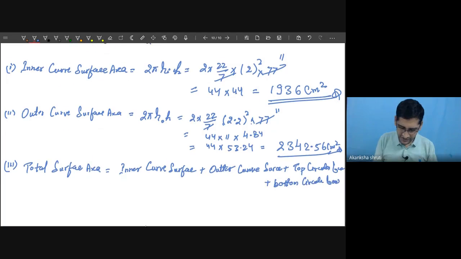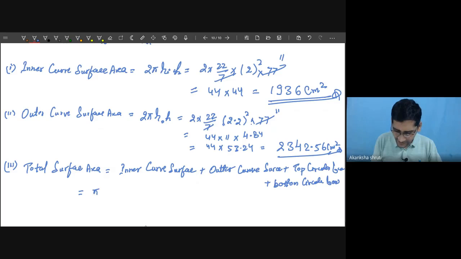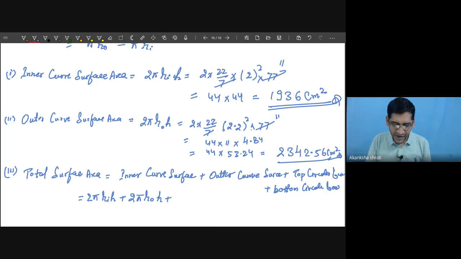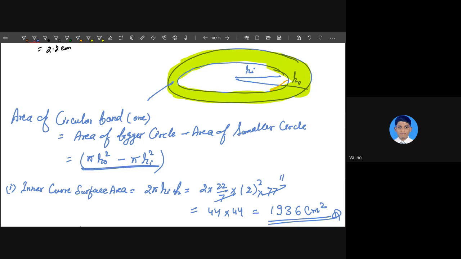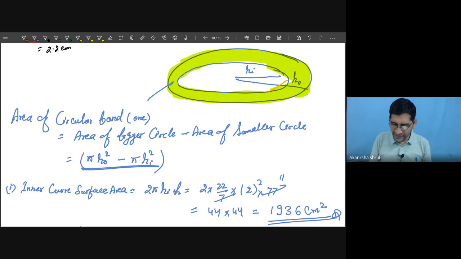Let me first substitute in the form of formula. For the inner one, it is our 2 pi R_i H. For the outer one, it is our 2 pi R_out H. For the top band and bottom band, both are of the same kind, and it is obtained by pi R square. So for the band, pi R_out square minus pi R_i square.